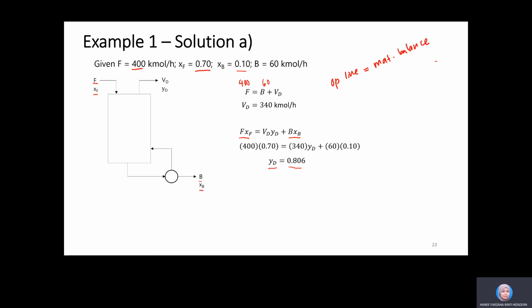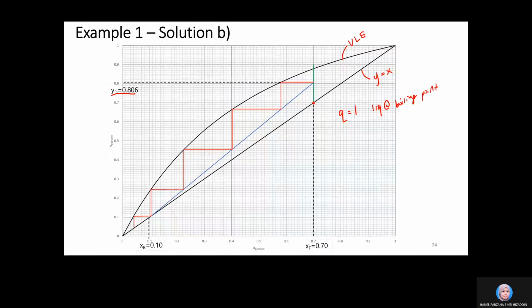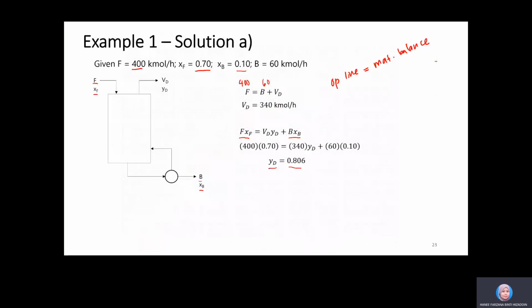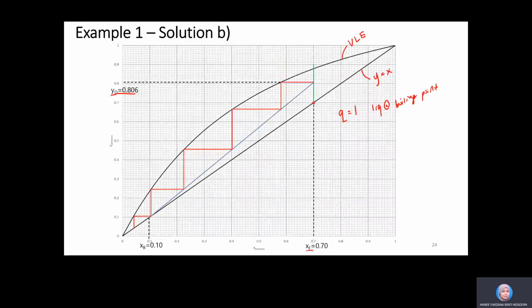So here the coordinate of XF will give you the coordinate of YD. That is your coordinate. That's why we draw a line at Y equals 0.806 here.